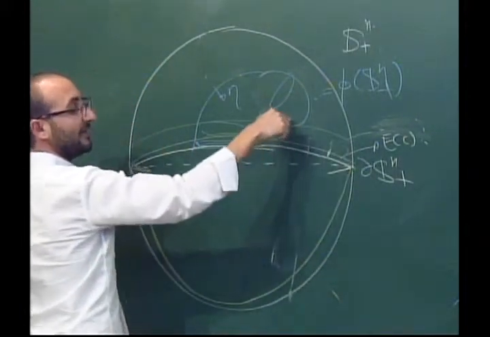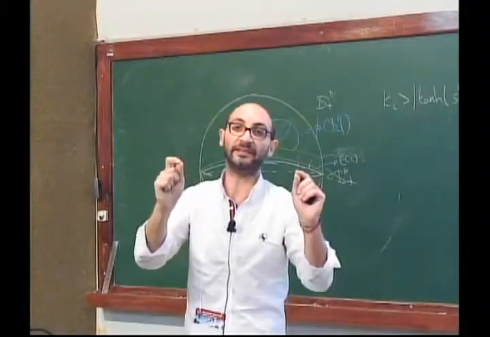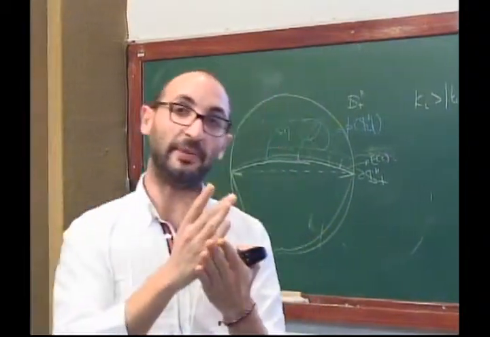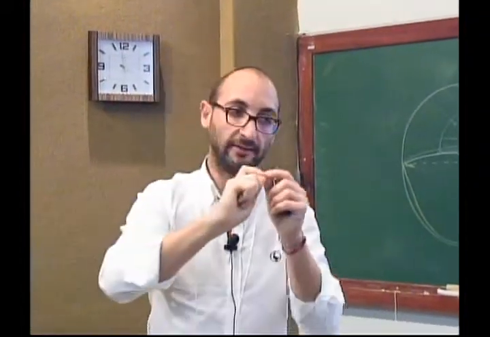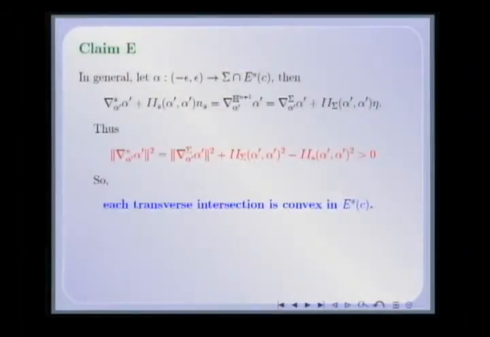Since the principal curvatures of this surface are strictly bigger than the principal curvatures of your equidistant, the intersection has to be transverse or only one point. You cannot have a line, otherwise you will have some direction where the second fundamental form is equal to the value. So it's a contradiction.